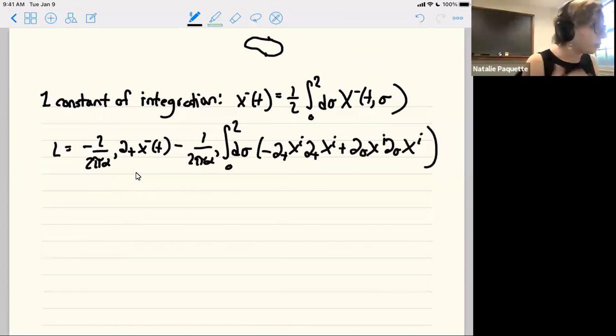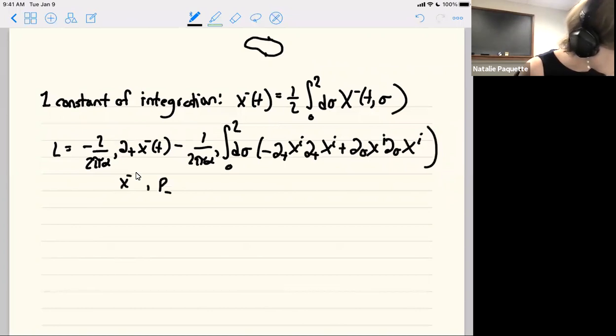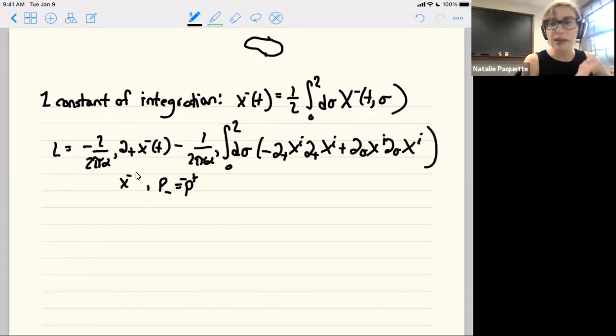And you can then take your degrees of freedom, little x minus and the capital X^i's, and you can also compute their canonical momenta. So the canonical momentum of x minus is p minus, which is equal to minus p plus with an upper index, because the light cone metric has components like this.